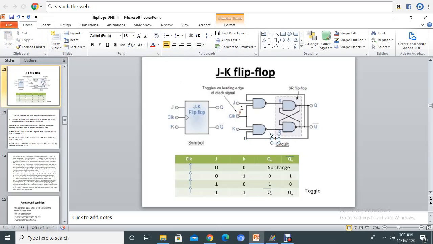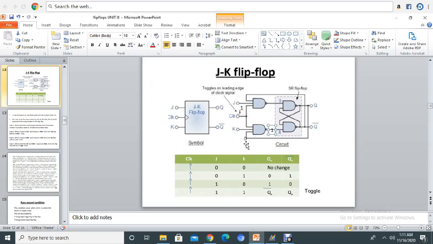Okay. Here in this NAND gate, J is equal to 1. We have applied clock. So third input is also 1. But we don't know the value of first input. Q bar is connected to the first input.